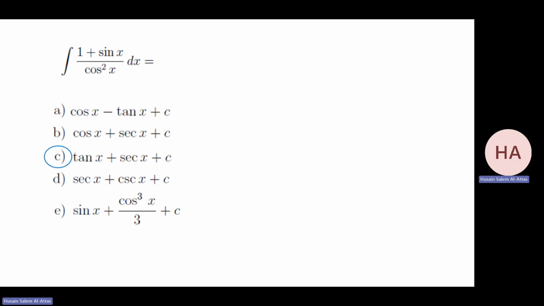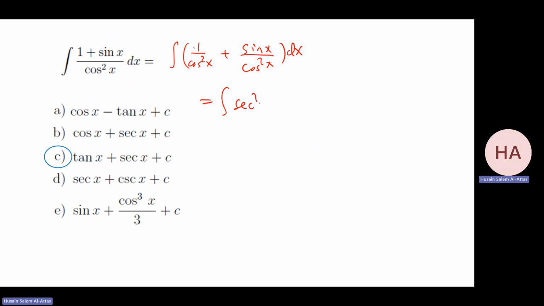This one, you can say it is 1 over cosine square x plus sine x over cosine square x dx. And that gives me secant square x.